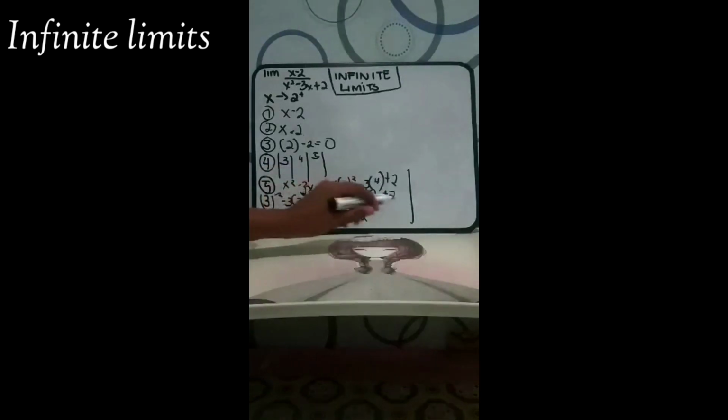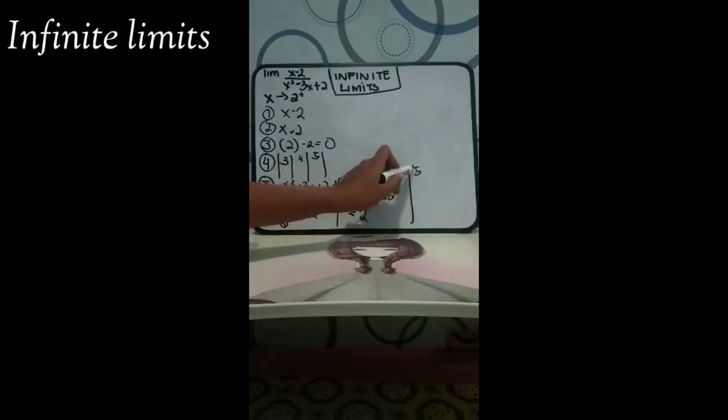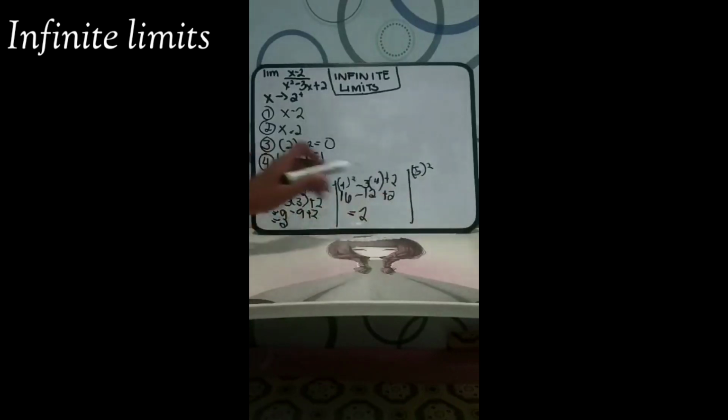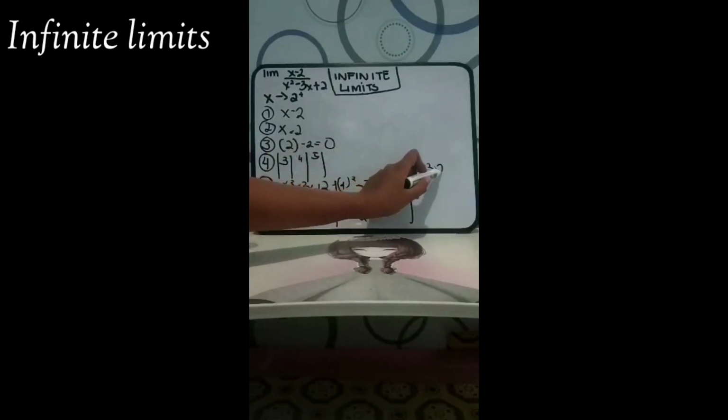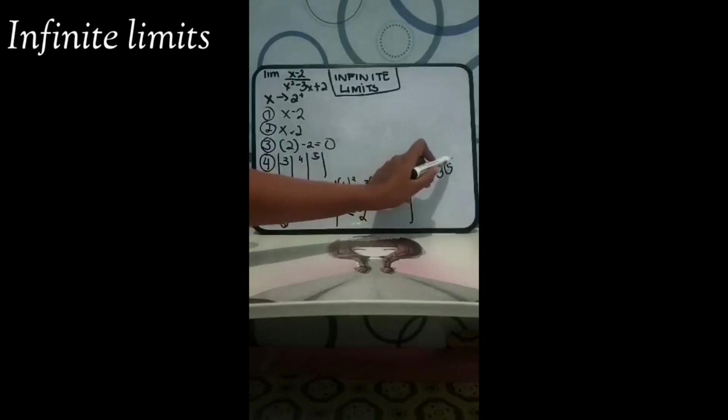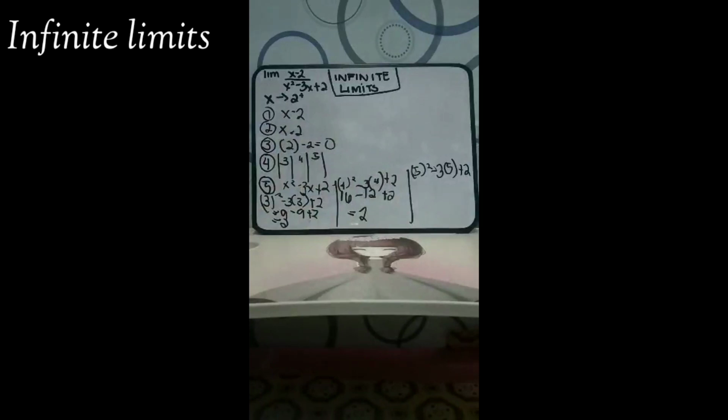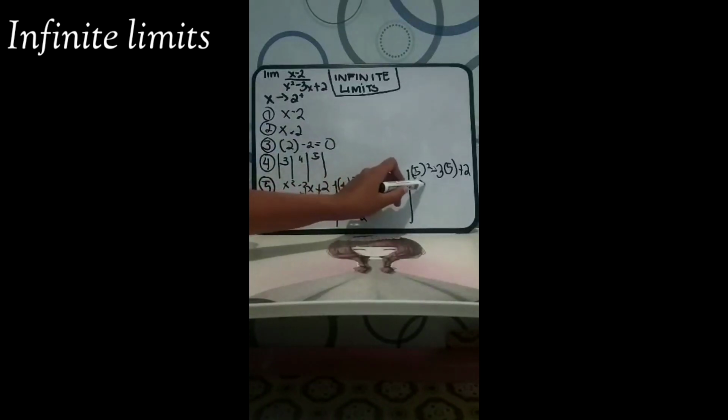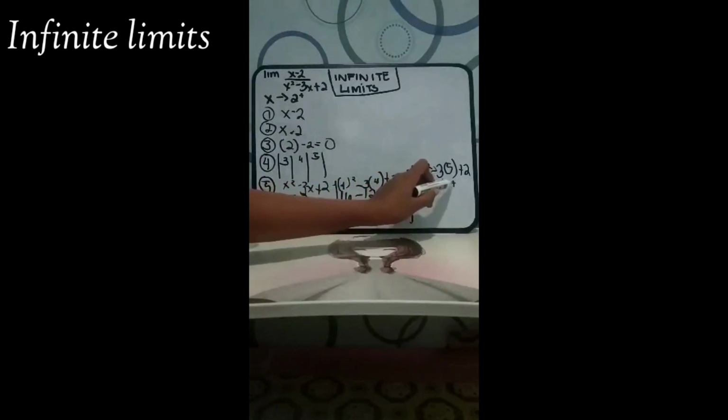Next naman natin ay 5, which is 5 squared minus 3 times 5 plus 2. Nagiging 25 minus 15 plus 2.